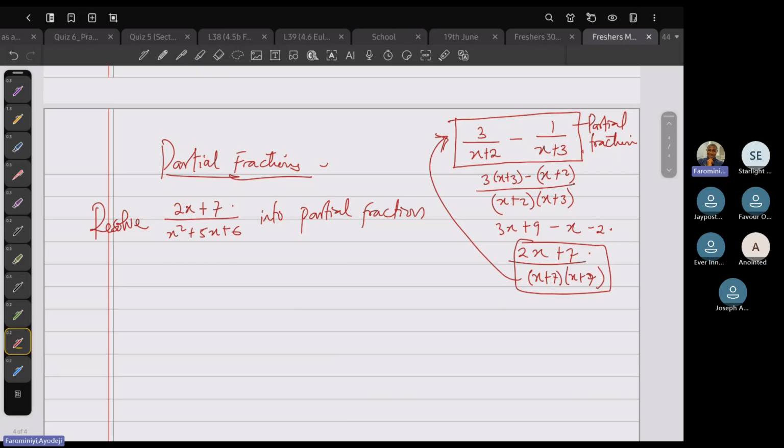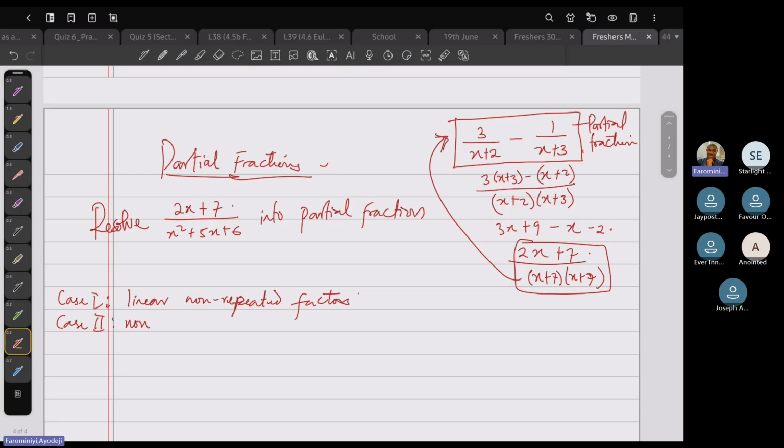So before I continue, I need to tell you that there are actually 4 cases of partial fractions. We have case 1, the case where the denominator, so the cases are based mostly on the denominator. So when the denominator, we have linear non-repeated factors. Case 2, we have non-linear.